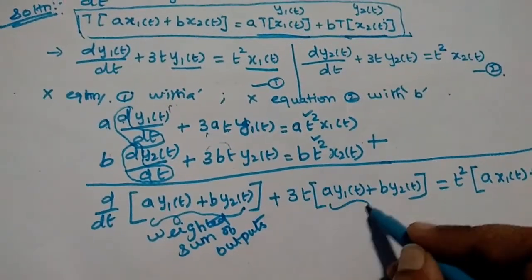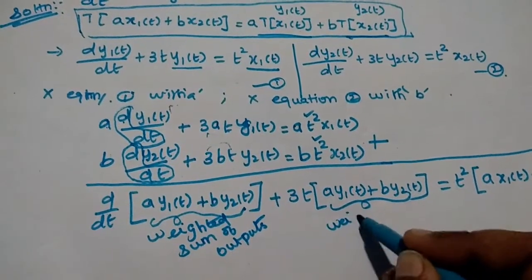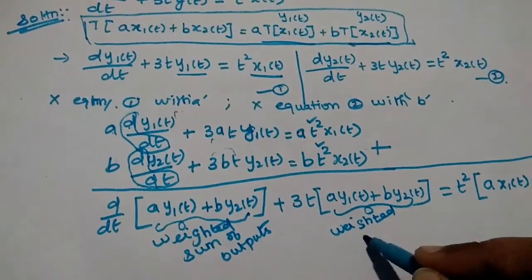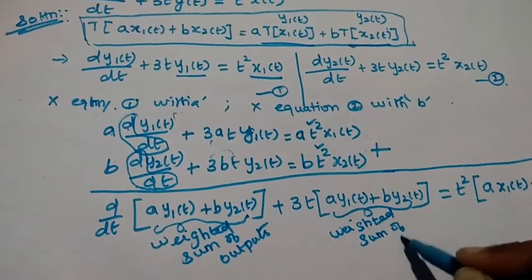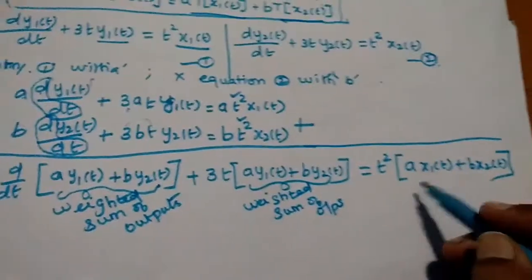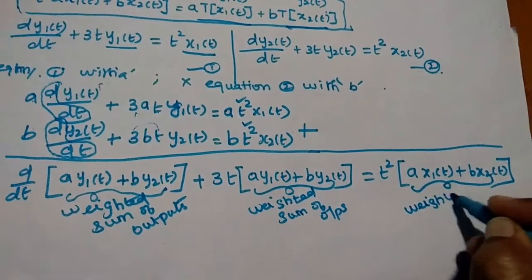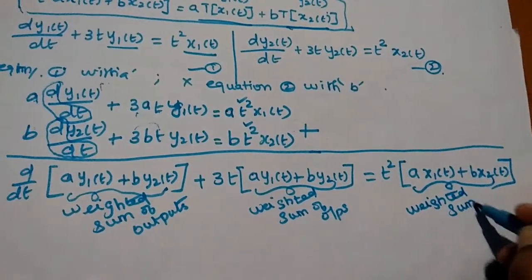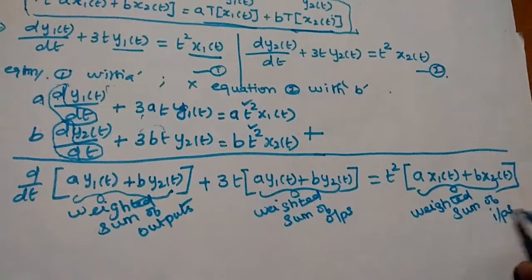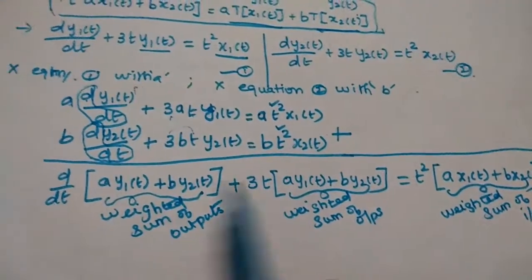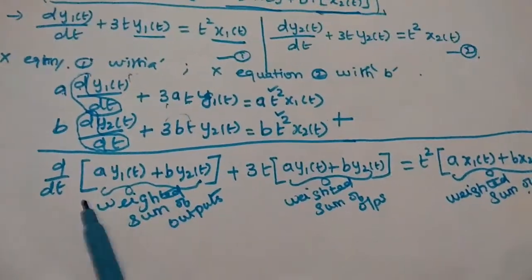Here it is also a weighted sum of outputs, and this is also a weighted sum of inputs. This common term we can take outside, so don't bother about that.